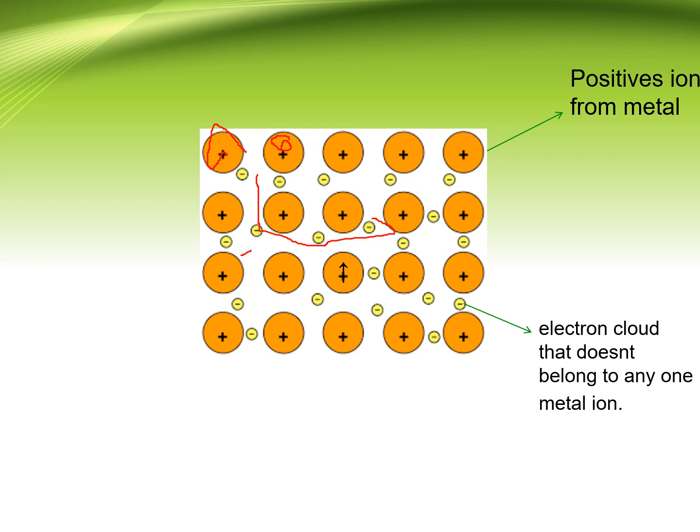All the metals share the same electrons, and the metal is held together due to the attraction of the positive ions with the negative electron sea of valence electrons.